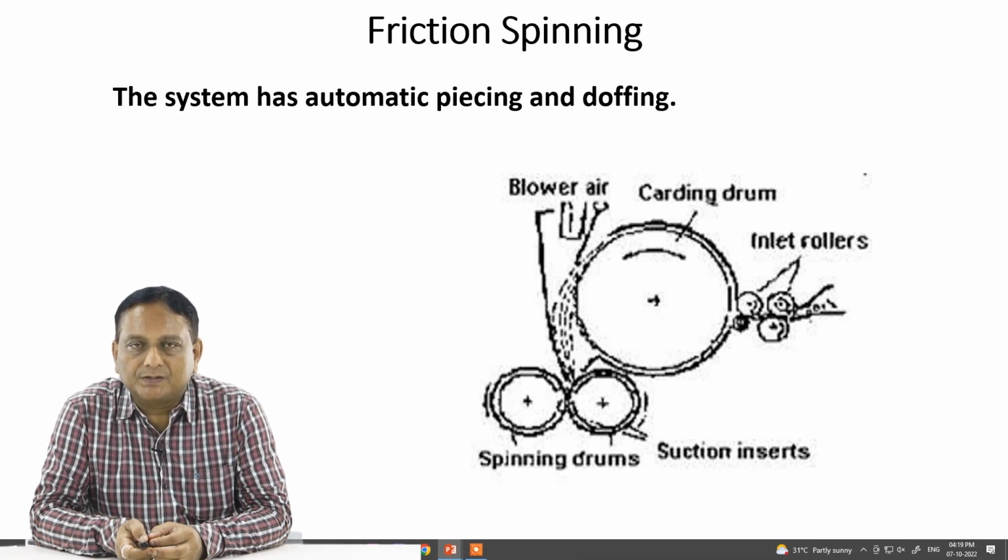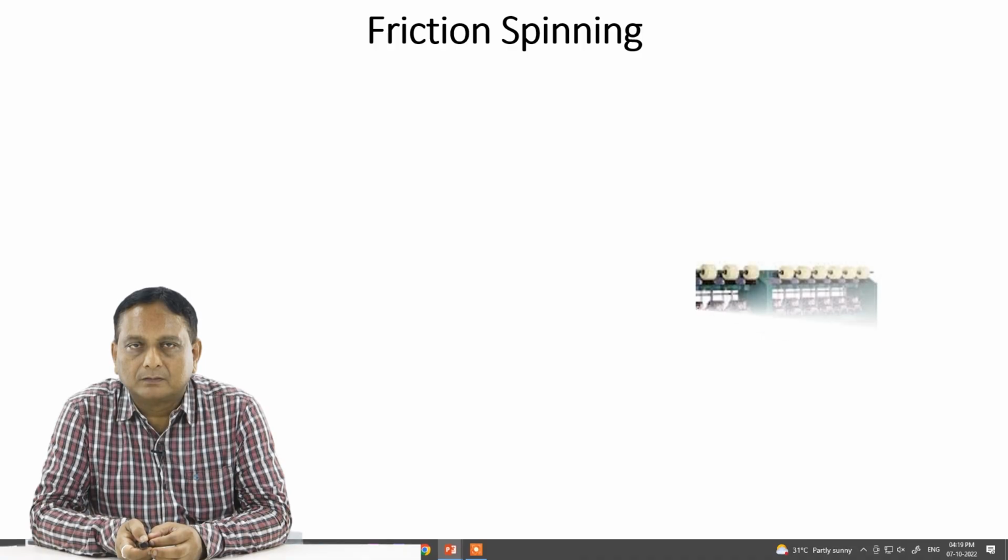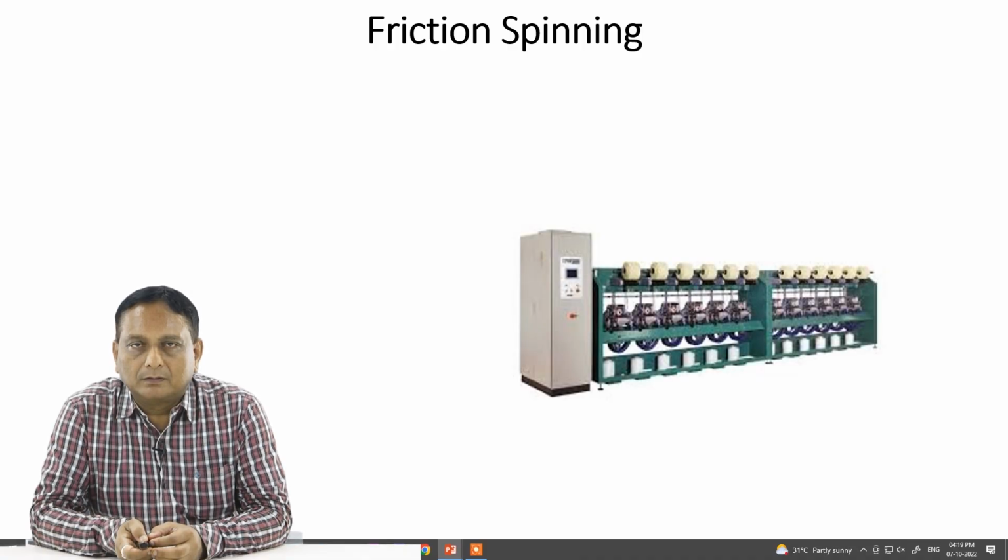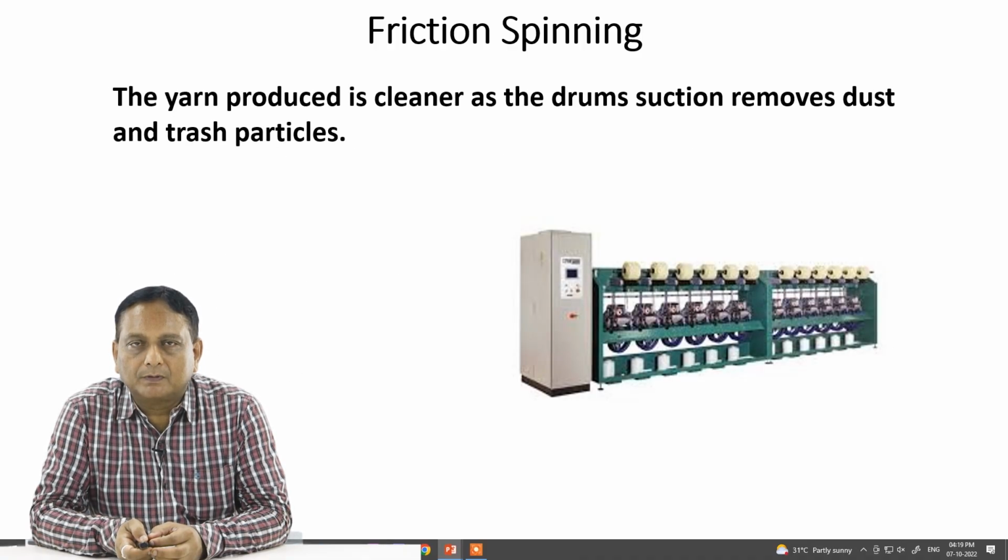And the path of the machines has been shown here. This is also a very improvised form of friction spinning where the yarn produced is cleaner as the drum suction removes the dust and trash particles. So a clean yarn is produced by the friction spinning process.